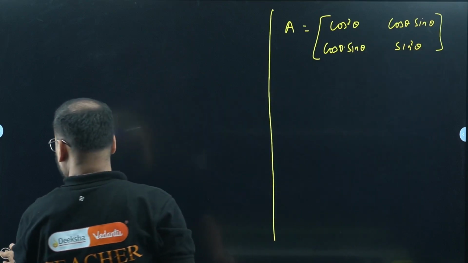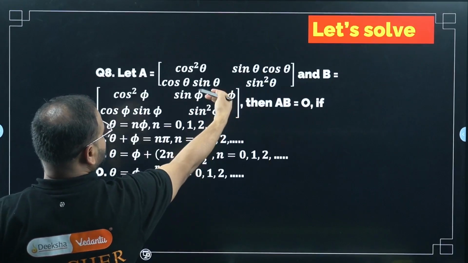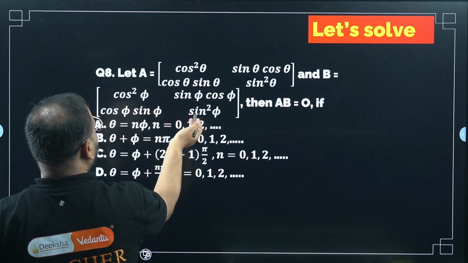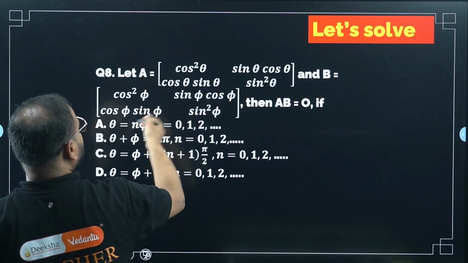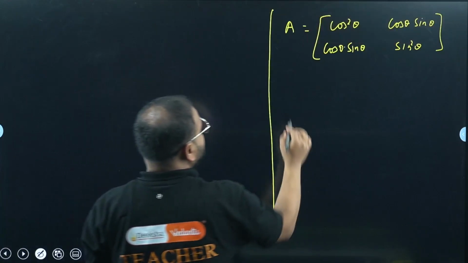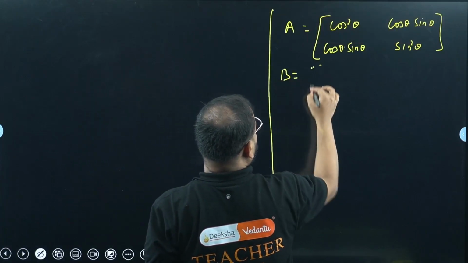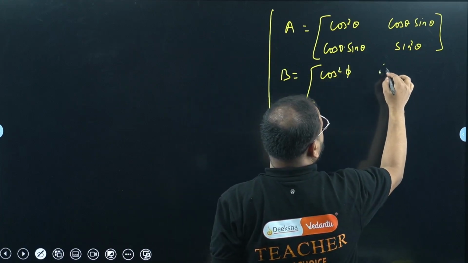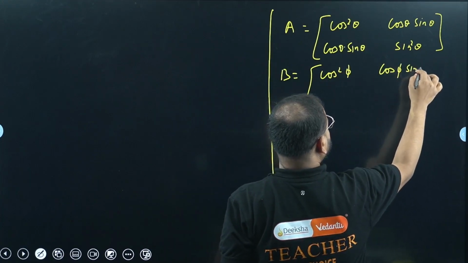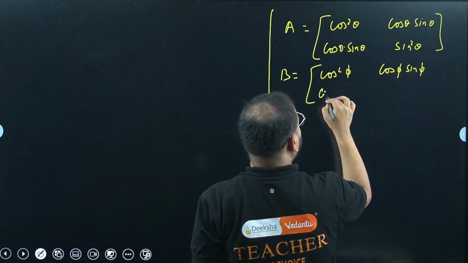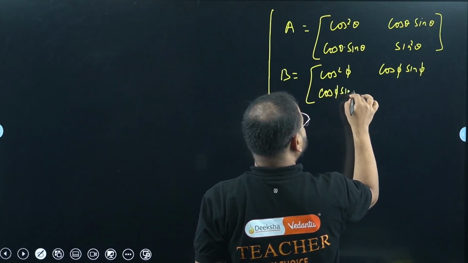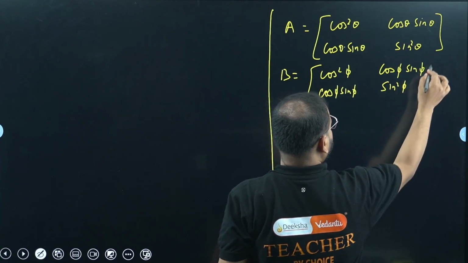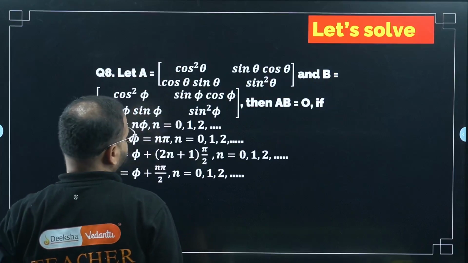Please cross check. Correct. Now the same thing goes for B: cos square phi, sin square phi on the diagonal, and cos phi sin phi at both the other places. Let's cross check once before moving on.